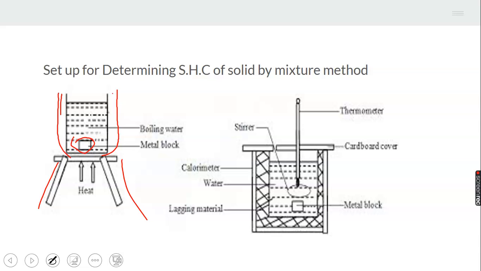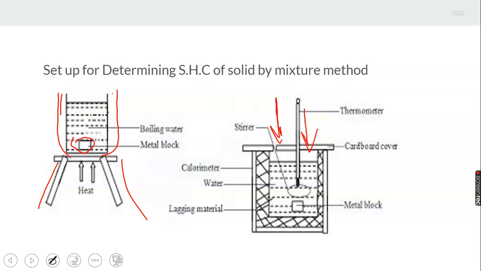The water is boiled to 100 degrees Celsius. As soon as you get to 100 degrees Celsius, the metal block is quickly transferred into the calorimeter that contains cold water, with the thermometer inserted into it.